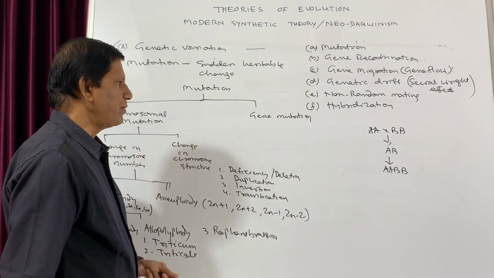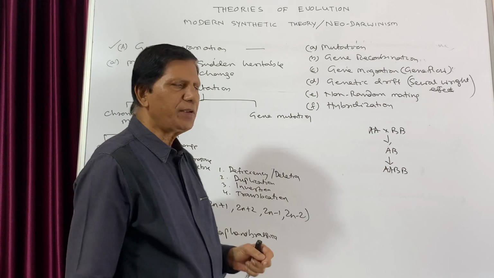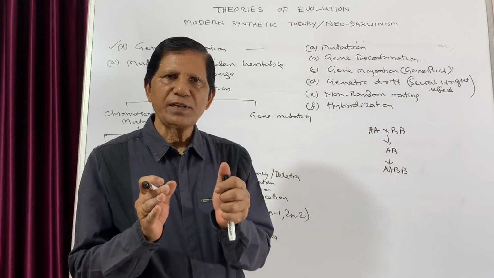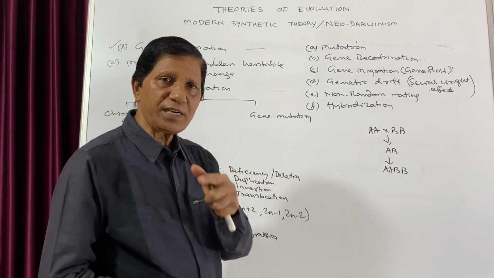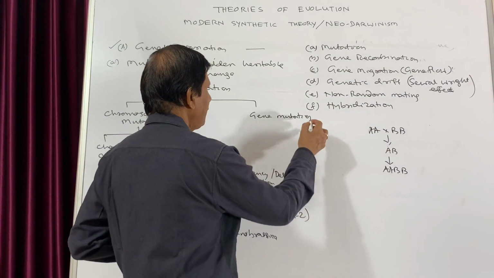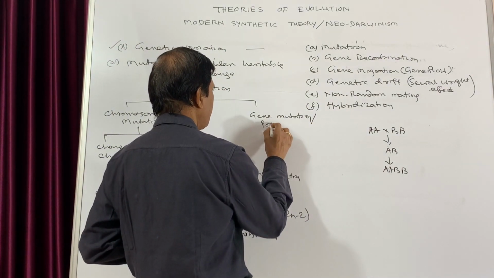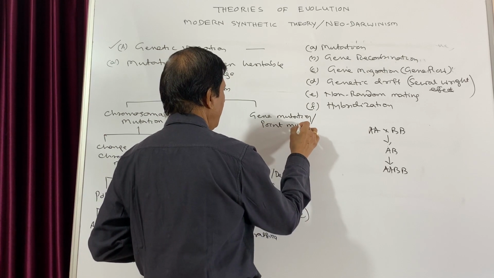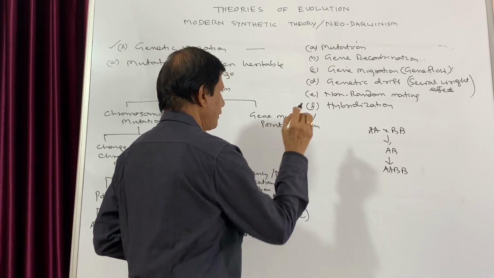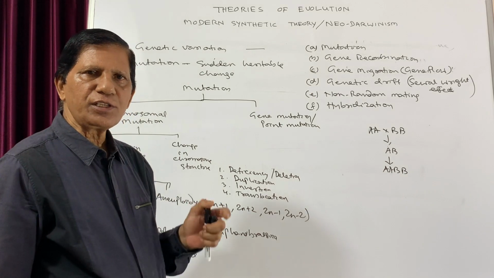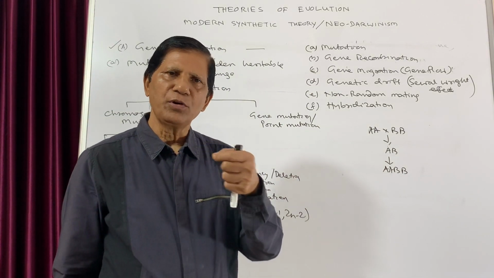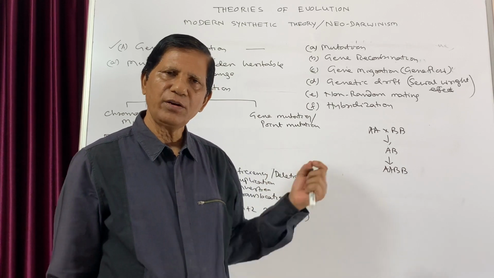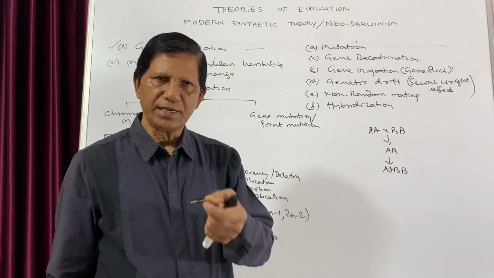Now come to gene mutation. Gene mutation means the mutation takes place in the base sequence of a gene, and since it takes place at a particular point, gene mutation is also known as point mutation. The details of gene mutation or point mutation we have discussed in the molecular basis of inheritance, and also in the genetics chapter.